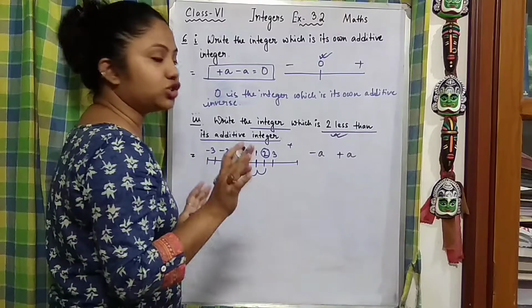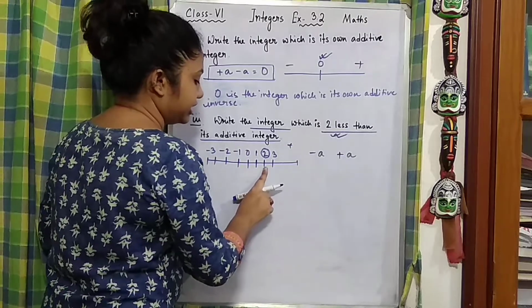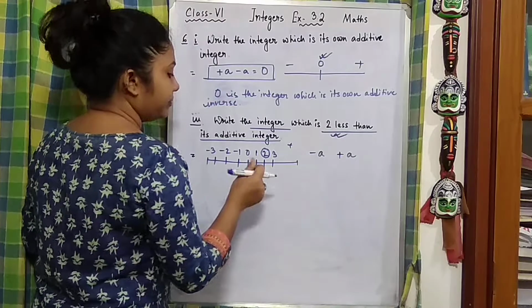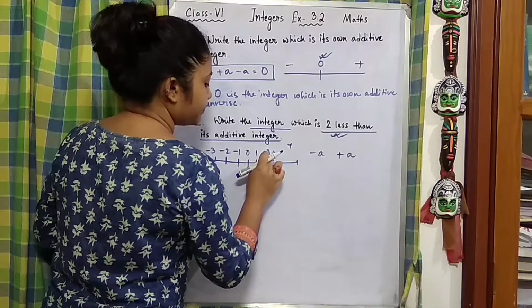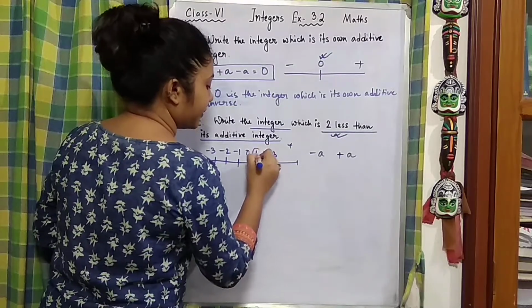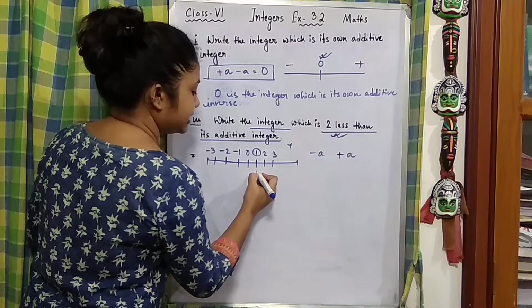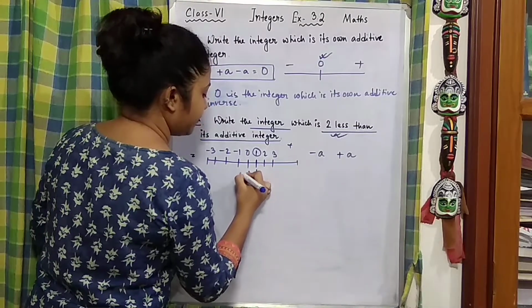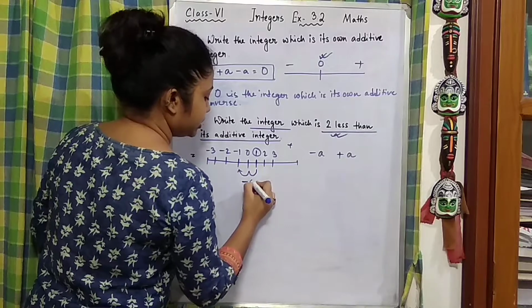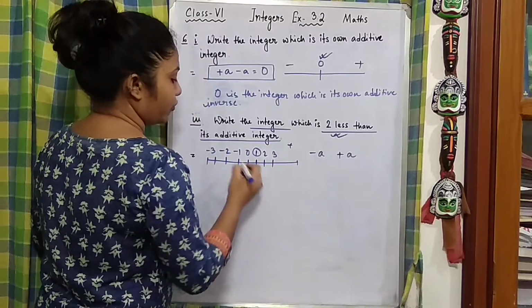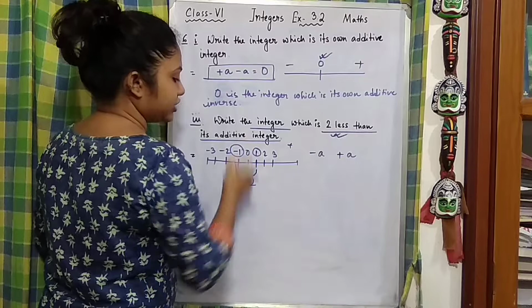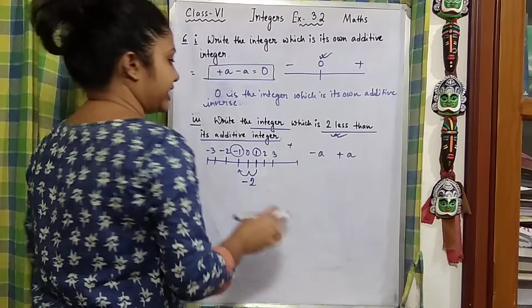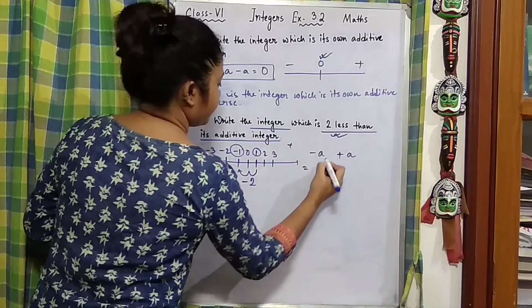So no, this is not going to be the additive integer, because their values are different. Now let's talk about +1. Let's take 2 jumps toward the left-hand side. Where are we going to end up? At -1.